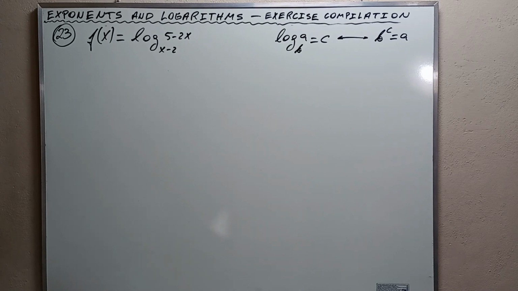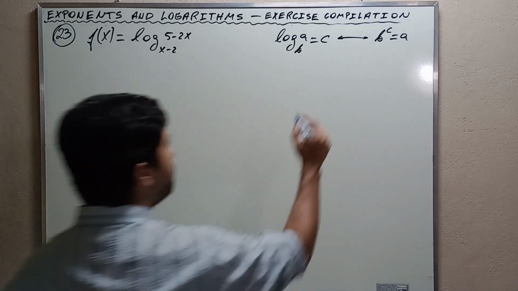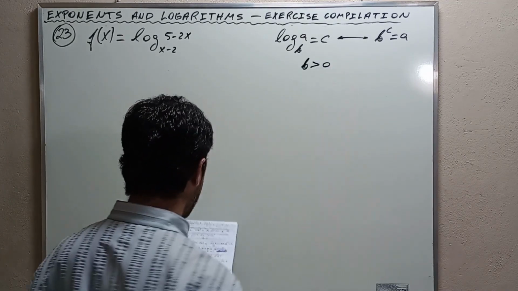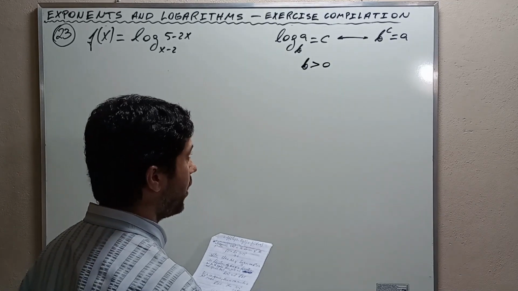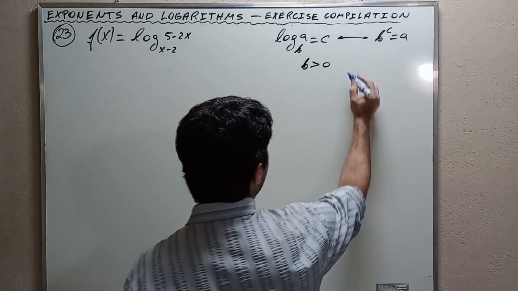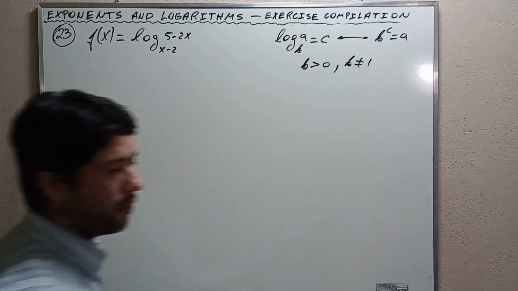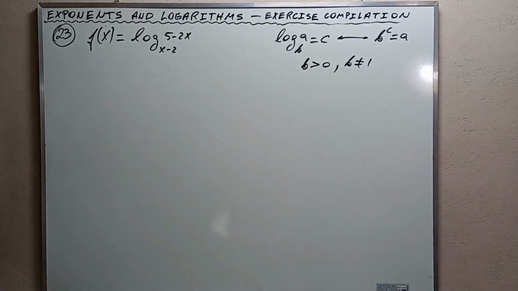By definition, the base of a logarithm has to be greater than 0 and not equal to 1. Observe that b has to be greater than 0 and not equal to 1. This is the condition, and this is the very definition.